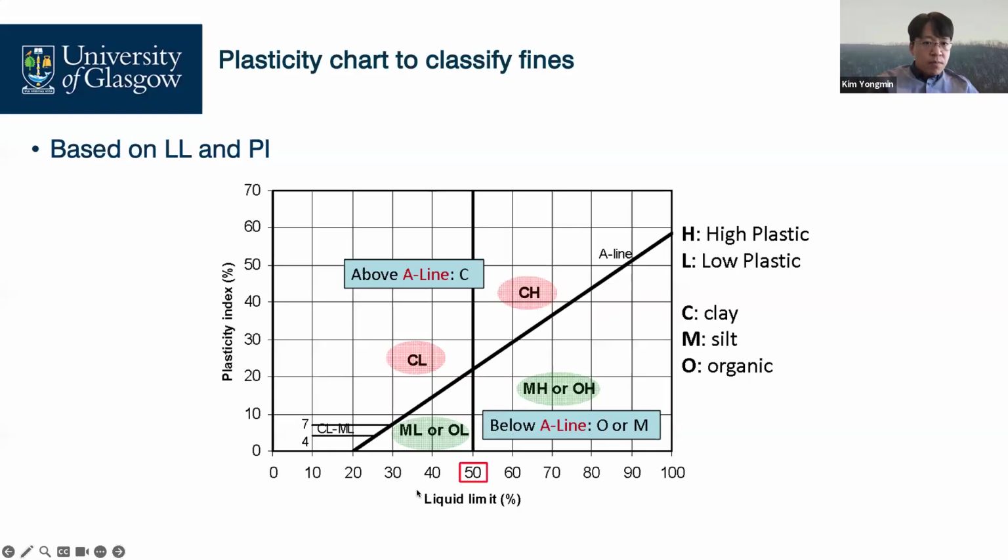So with LL 50 and plasticity index 30 here, it means that this soil is clay.